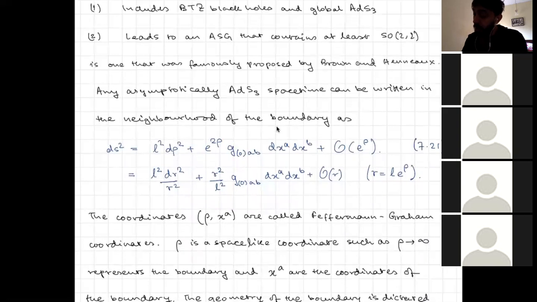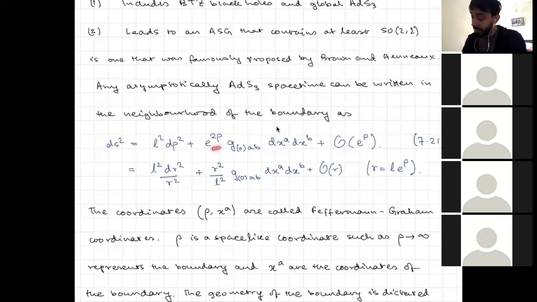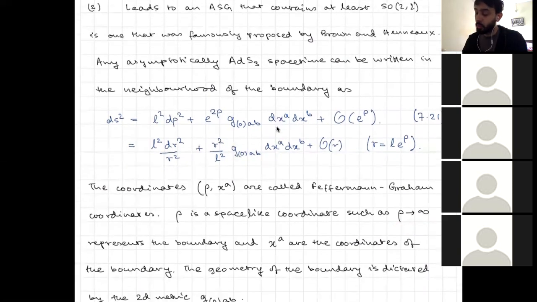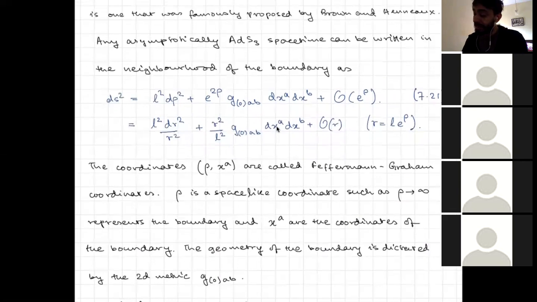And here ρ is a space-like coordinate such that ρ going to infinity actually represents the boundary. And these x's, as I said, are the coordinates of the boundary. And what is happening at the boundary is dictated by this two-dimensional metric g0_ab. Okay.